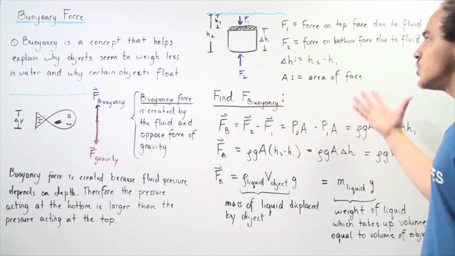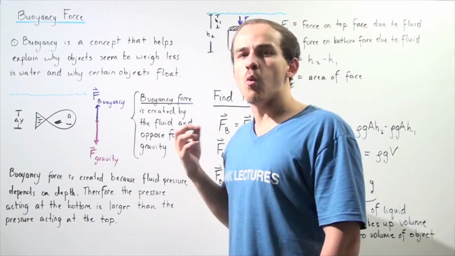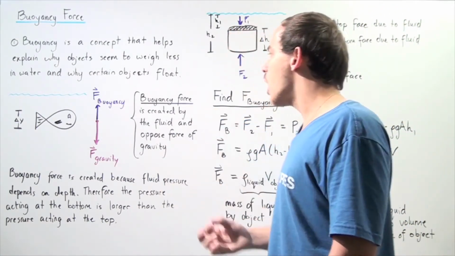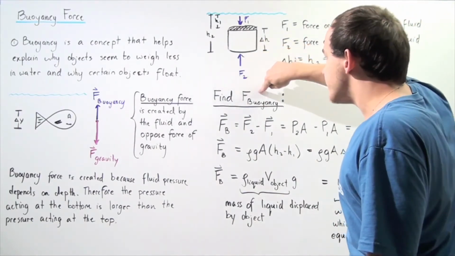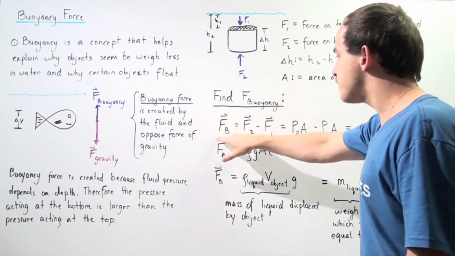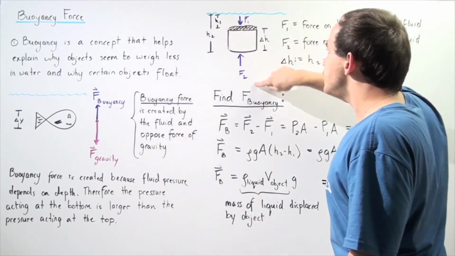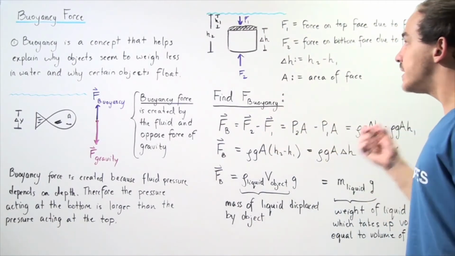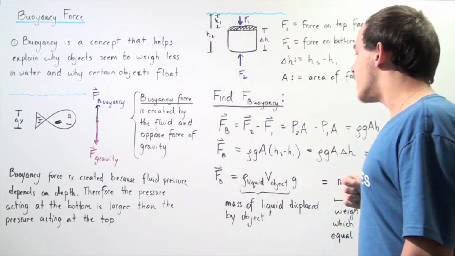We essentially want to find an equation that will give us the magnitude of the buoyancy force. So we want to calculate the buoyancy force. The buoyancy force, given by FB, is equal to the change in force, F2 minus F1, because the force on the bottom is greater than the force on the top.